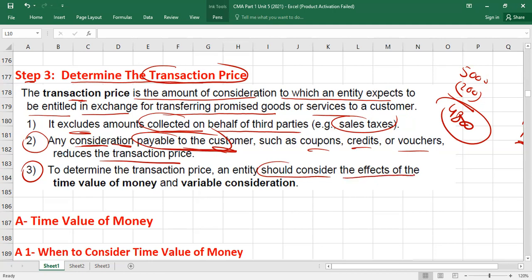The effects of time value of money and what? Variable consideration. These two keywords are there. When you determine the transaction price, we need to think: is there any effect of time value of money, or variable consideration? So I'm going to deal first with the time value of money.